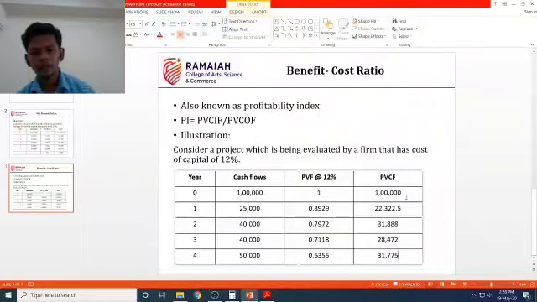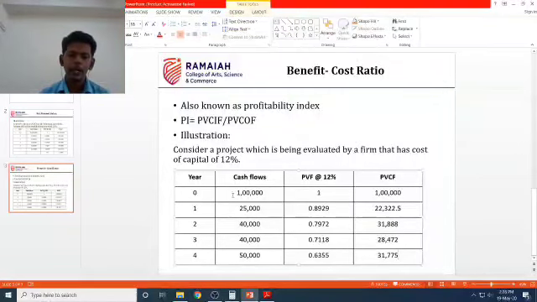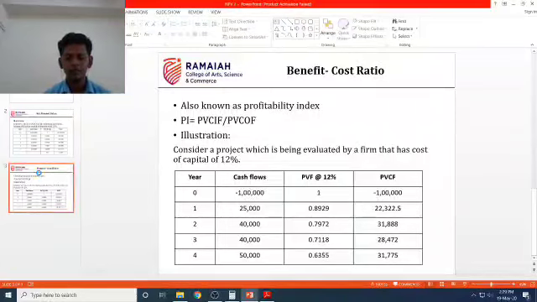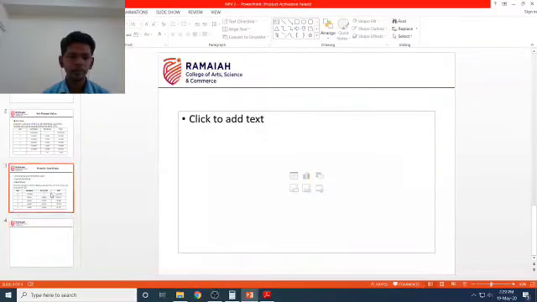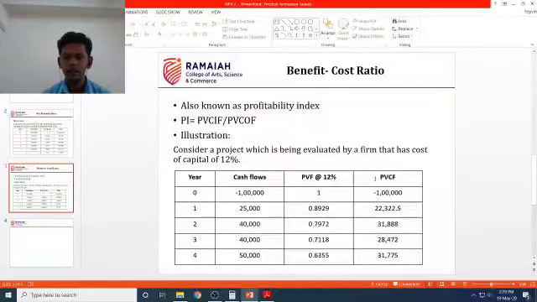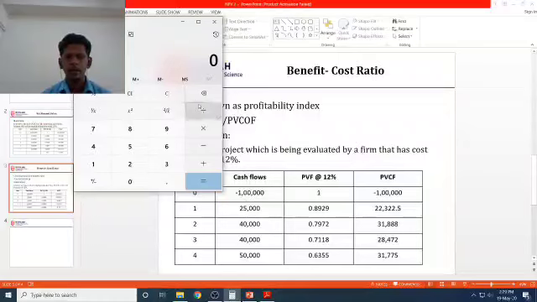Right. So we have got all the cash inflows as well as cash outflows. Now, how do we do the benefit cost ratio? The next step will go as it is. You just have to add all the present values of cash inflows. Let's take all the present values of cash inflows first.